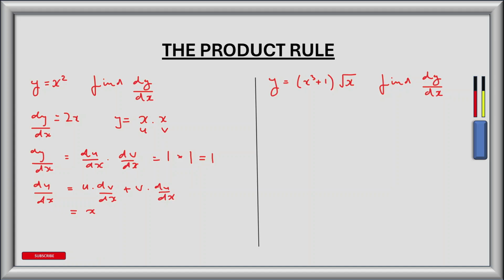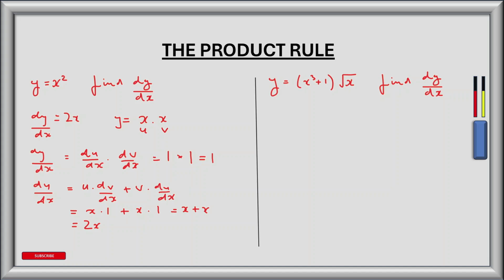Now v is x, so the derivative of it is 1, plus v is x, and that's multiplied by du by dx. So u is x, so the derivative is 1. That is equal to x plus x, which is equal to 2x.